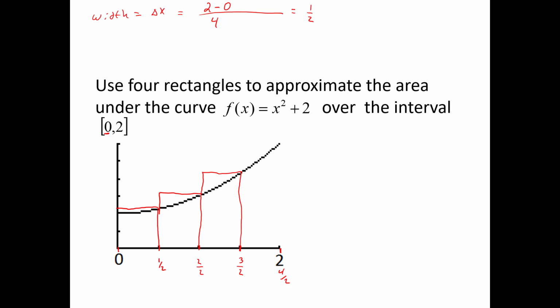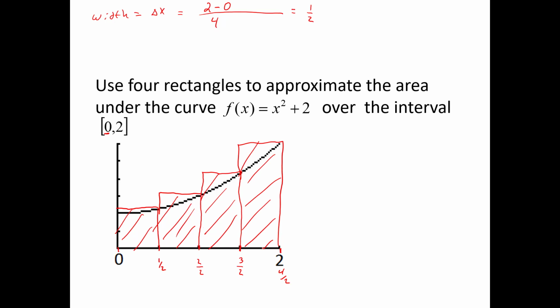And finally, for our last rectangle, we're going to start here at the right endpoint, go up to the curve, and there we go. Now we just find the area of each one of these rectangles, add them all up, and that gives us an approximation. We can see that our rectangles have more area than our curve, so this is an over approximation.